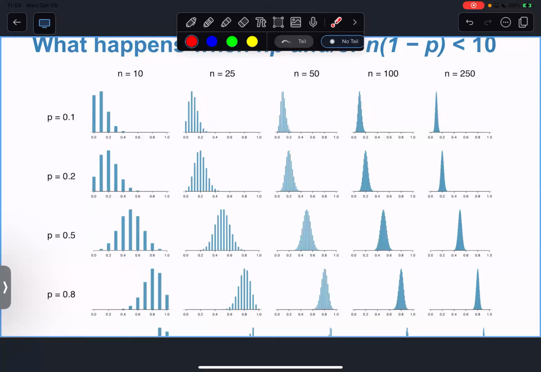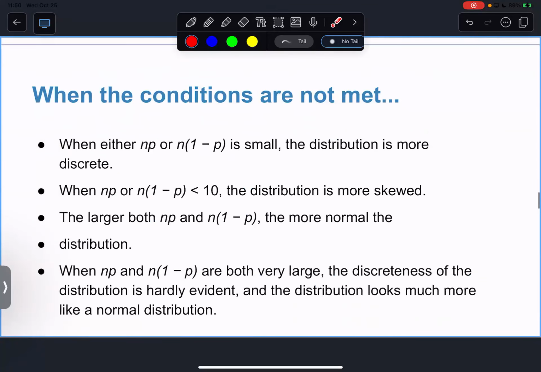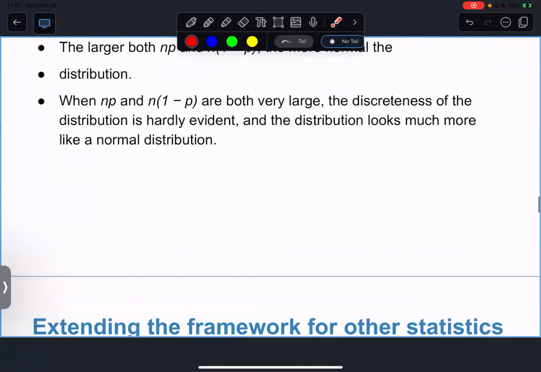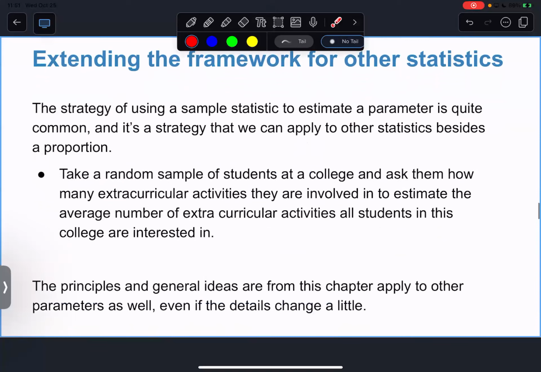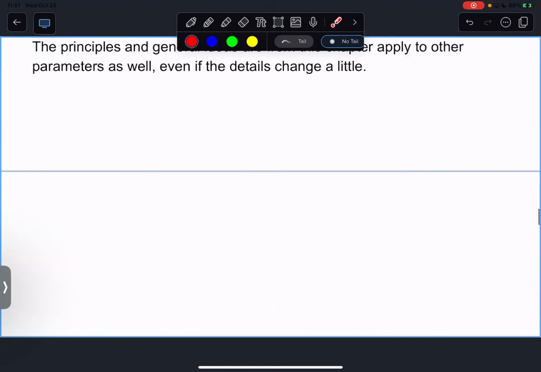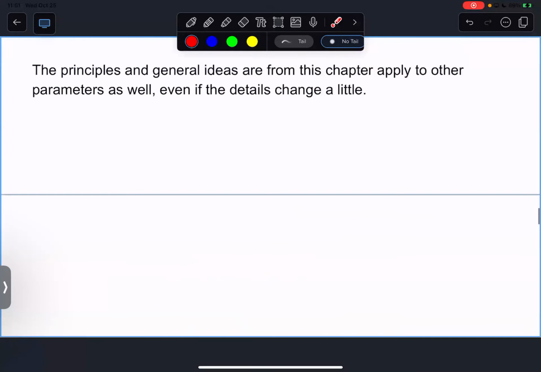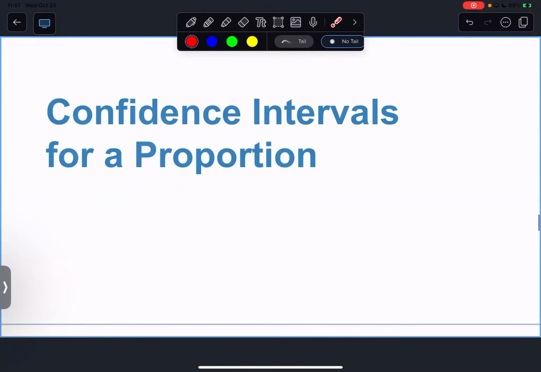And so as you increase your sample size, you approach this normal distribution. I'll let you read those, but they're just for fun.